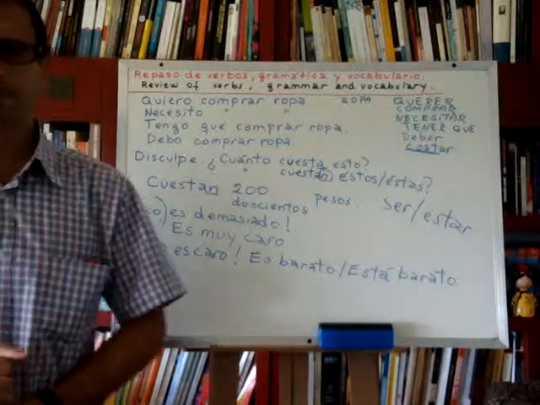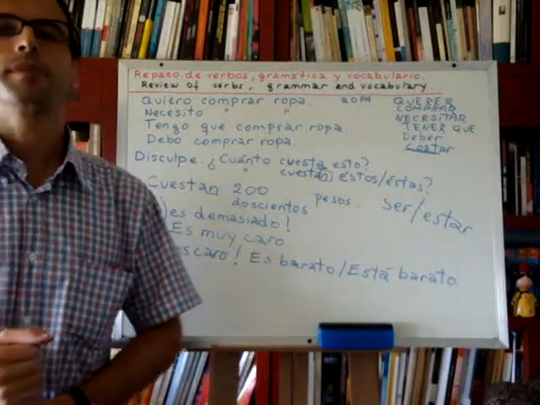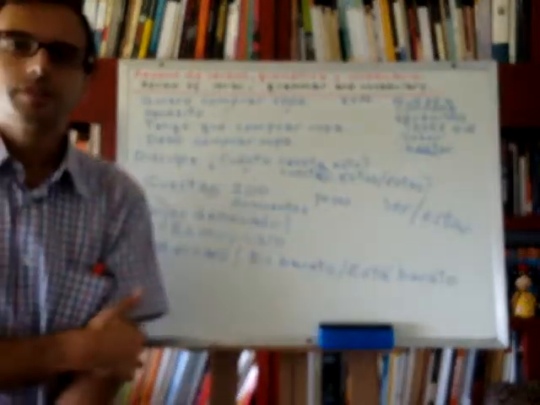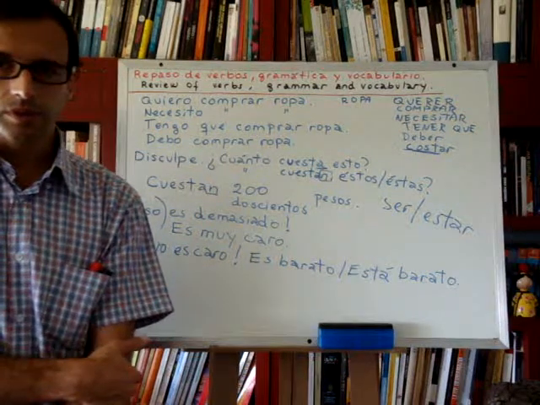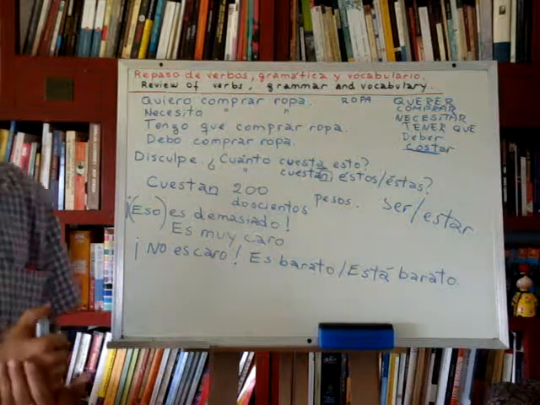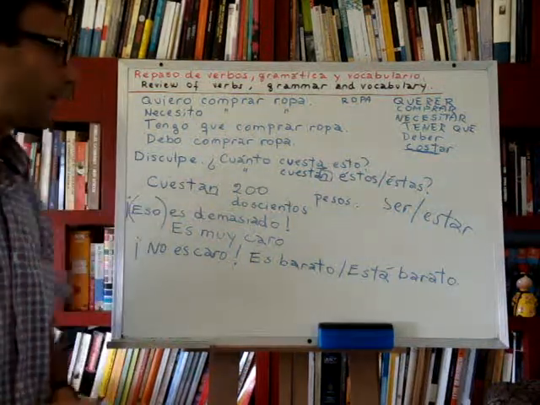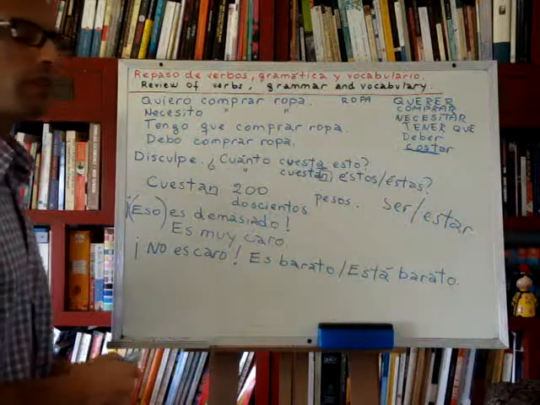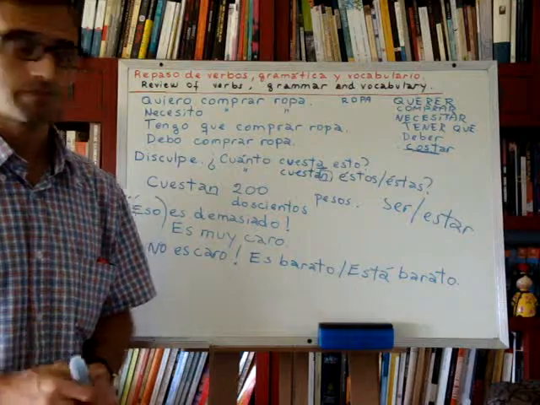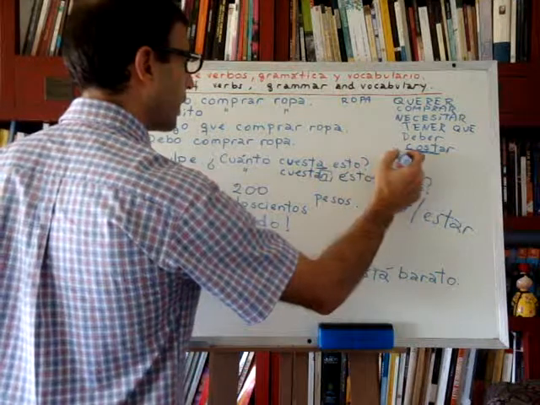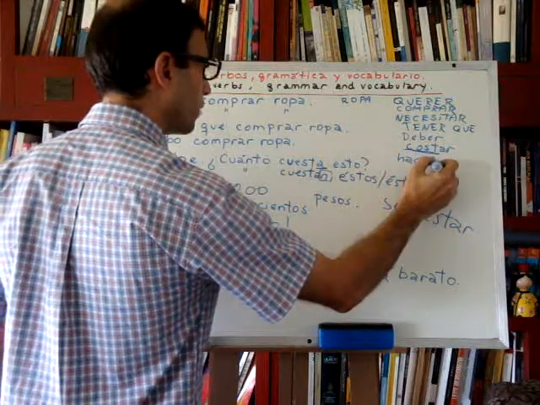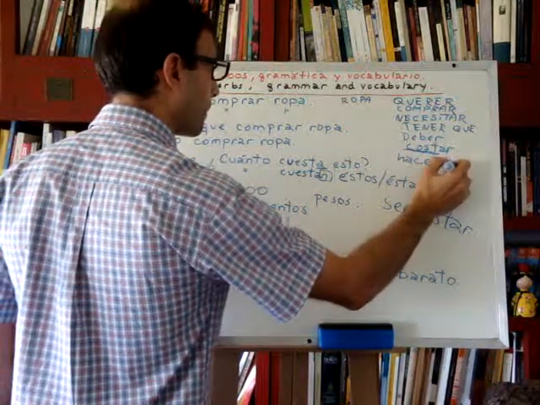So we will ask the salesman, can you do a discount? In Spanish, do a discount, we would say, do me a discount. It's a reflexive verb. The verb to do me or to do oneself is hacerme.